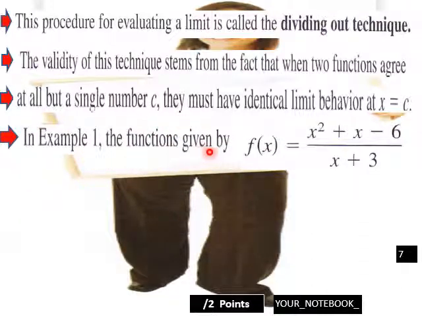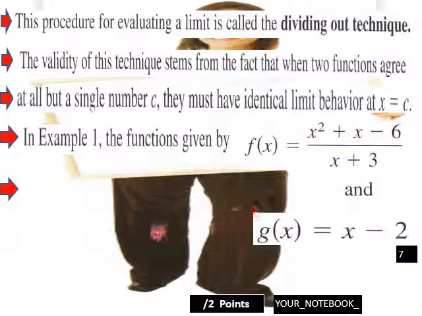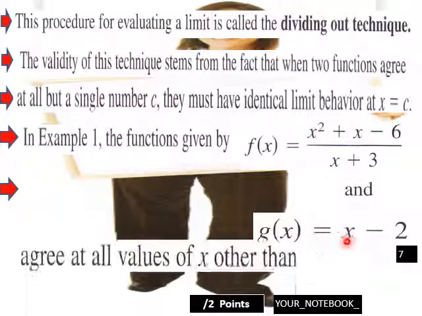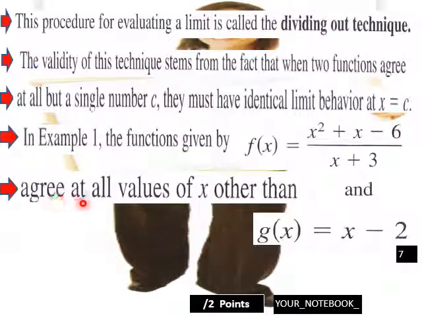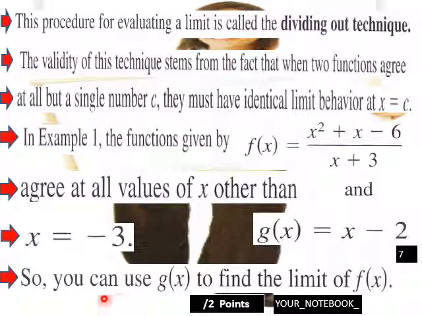In example 1, the functions f of x equals (x squared plus x minus 6) over (x plus 3) and g of x equals x minus 2 agree at all values of x other than x equals negative 3. So you can use g of x to find the limit of f of x.